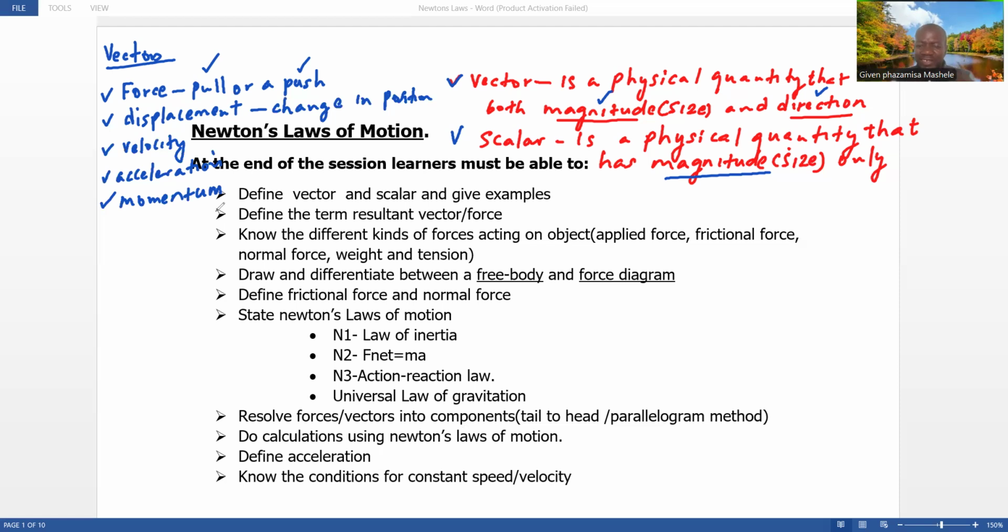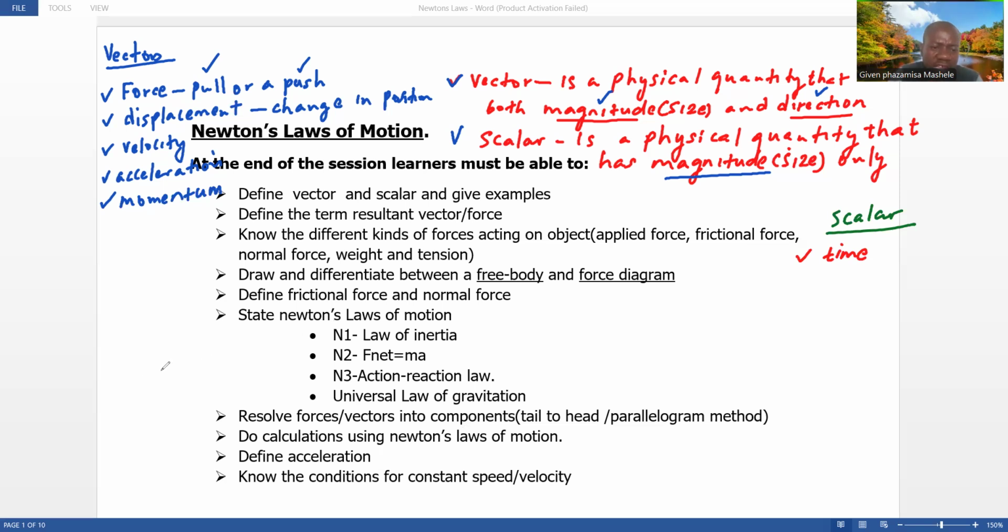These are things that a learner should be able to know. I know this is for grade 10, but I have to make sure that I address it. And another thing, ladies and gentlemen, in terms of scalars, remember, scalars are those that have what? Magnitude only. For example, time. We cannot talk about time and then give it a direction.